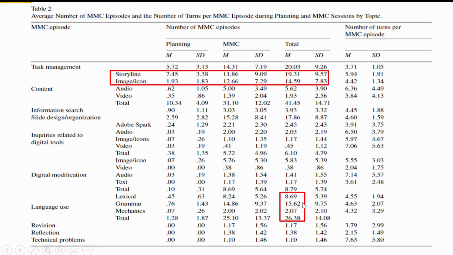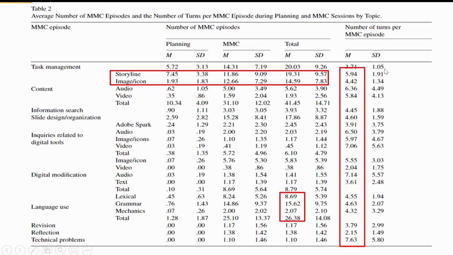And students also produced many language-related episodes, and mainly they produced grammar-related episodes. You can see here 15 grammar-related episodes out of a total of 26 episodes. We also counted the number of turns per MMC episode.